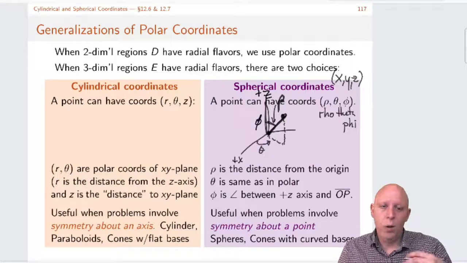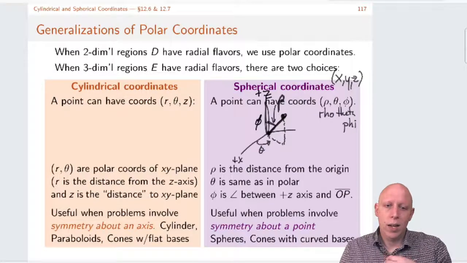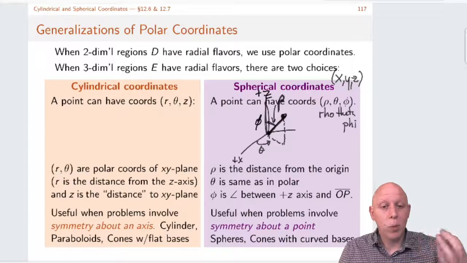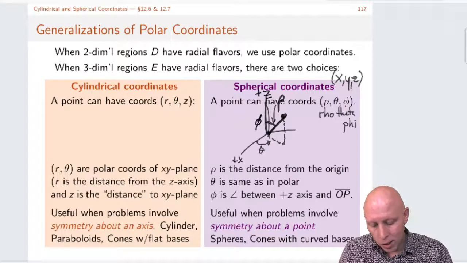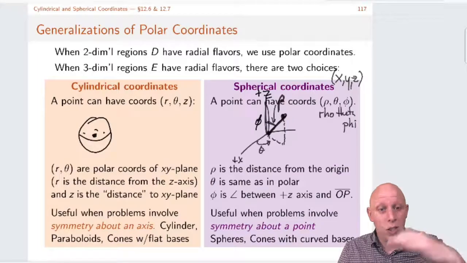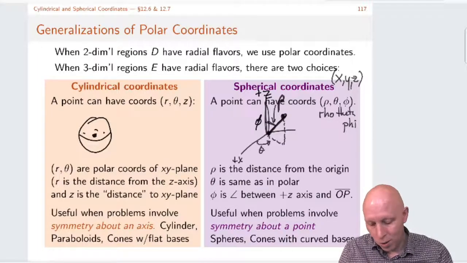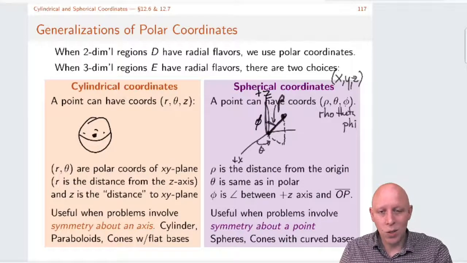So what we're doing with spherical coordinates is we're talking about symmetry around a point. If you have something where you have complete symmetry around a point, like a sphere, that's symmetric around the point. Or if you have some sort of spherical type of region, like a sphere where you take out the inner part, that's also a region.